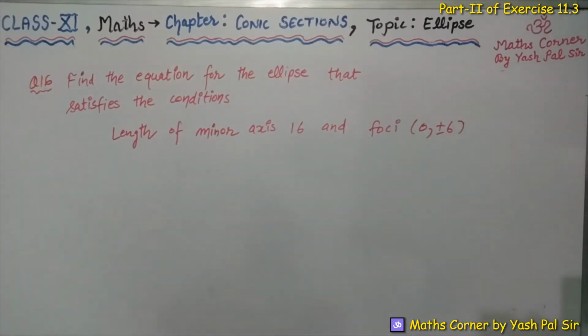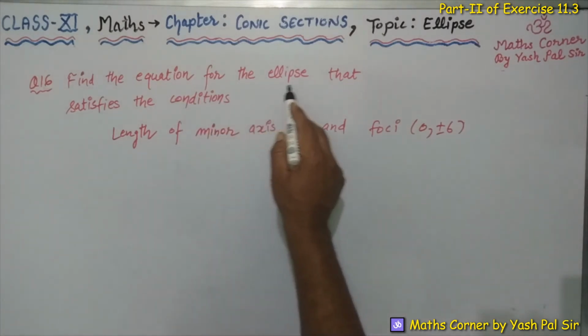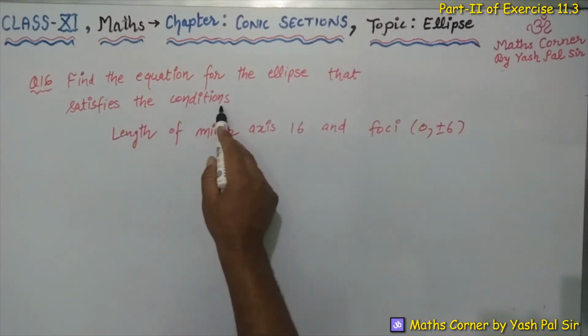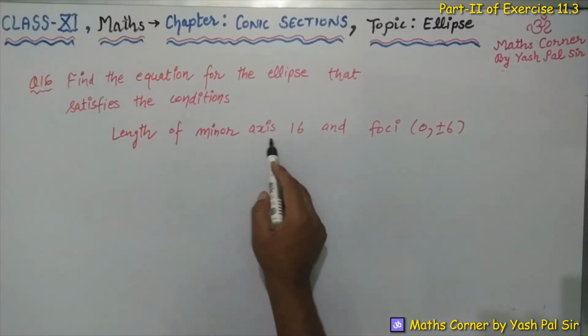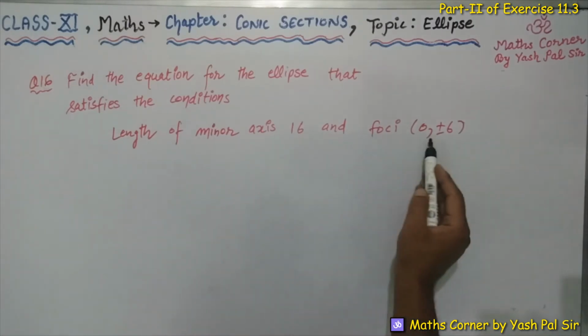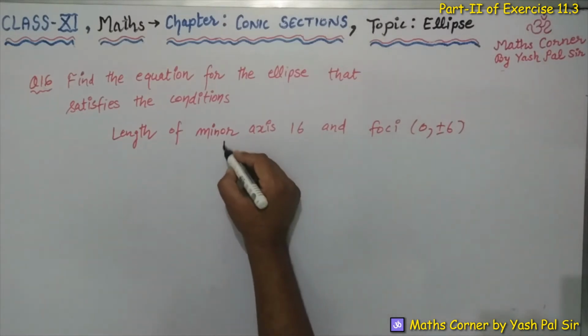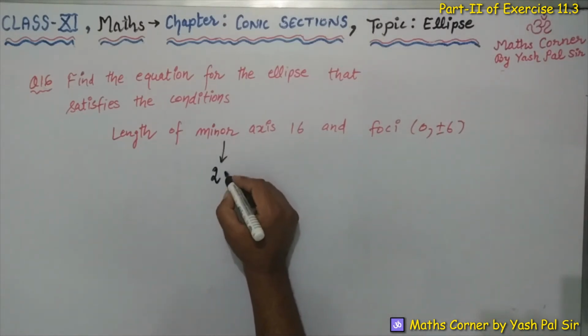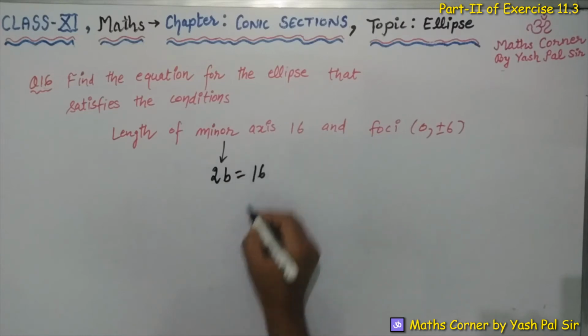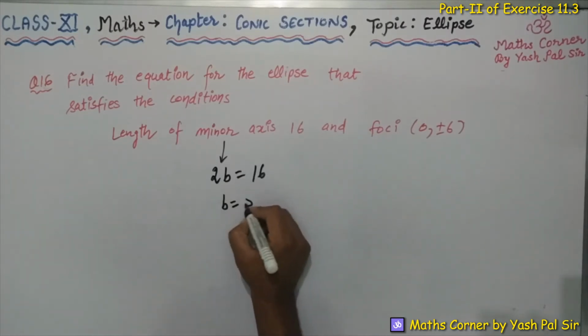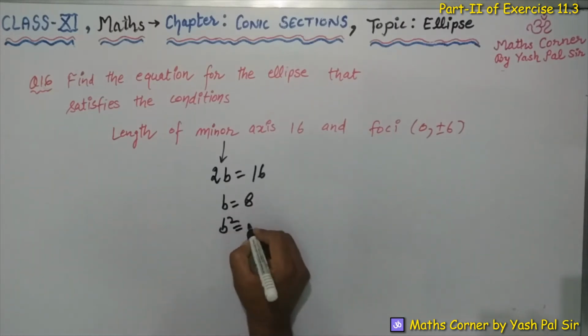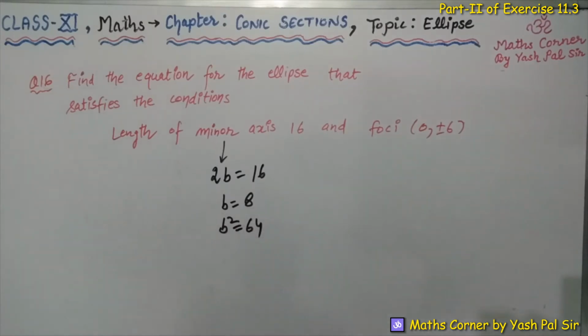Question number 16. Find the equation for the ellipse that satisfies the conditions: length of minor axis 16 and foci 0 comma plus minus 6. So first of all, minor axis means 2b equal to 16. So b is equal to 8. B square becomes 64.